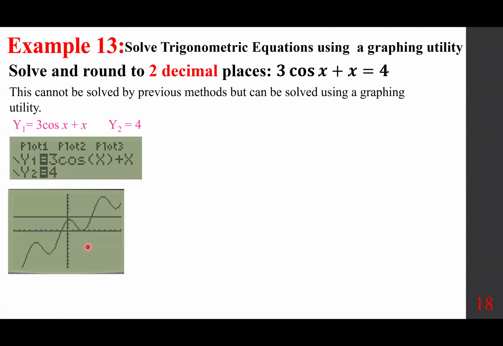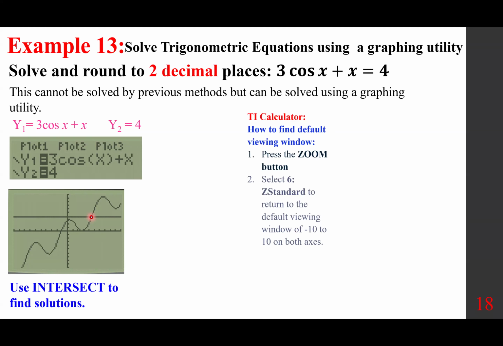Click graph and it looks like this. The left side is this function and the right side is a horizontal line. And as you can see, they have a point of intersection. So that's how you find it. The point of intersection is the answer. So use intersect to find the solution.